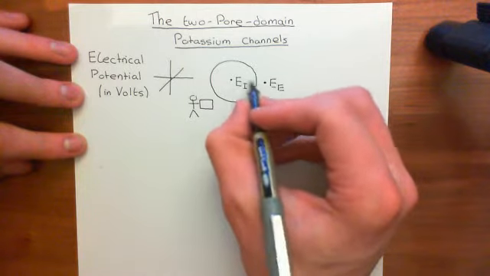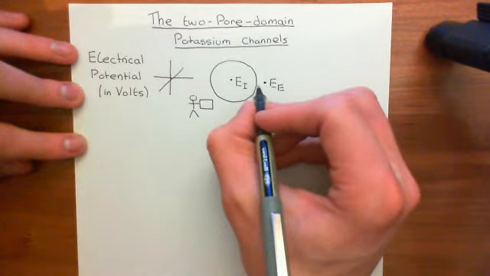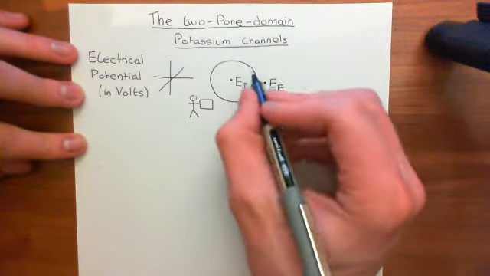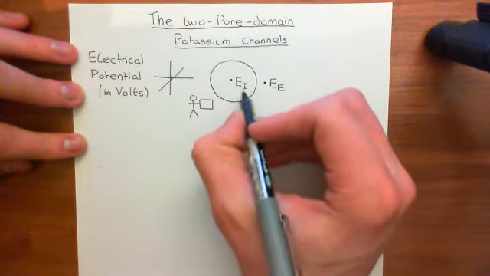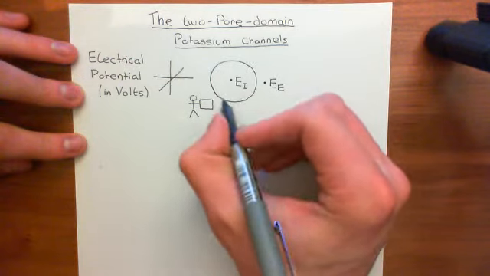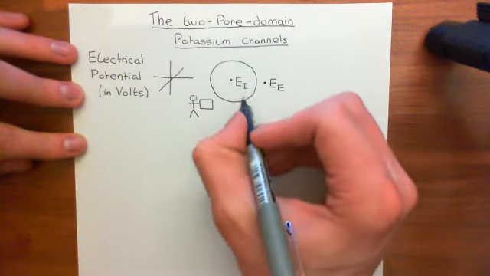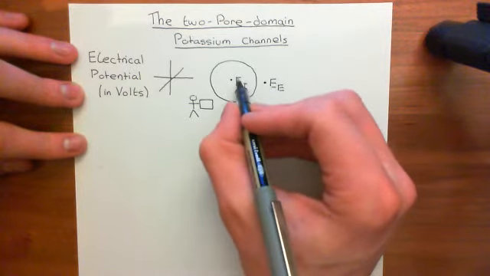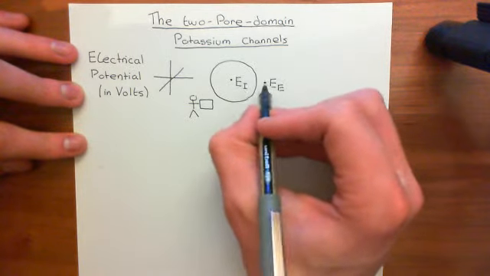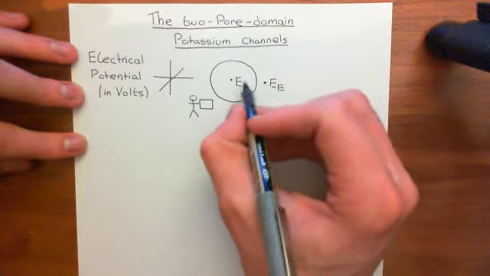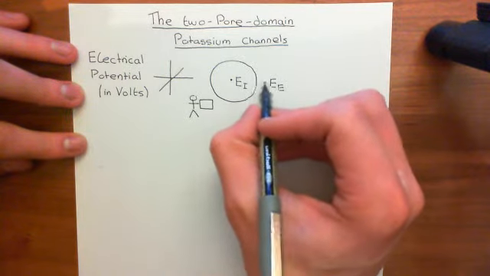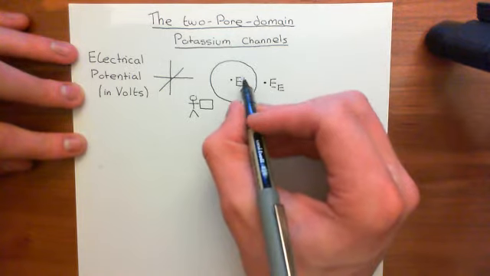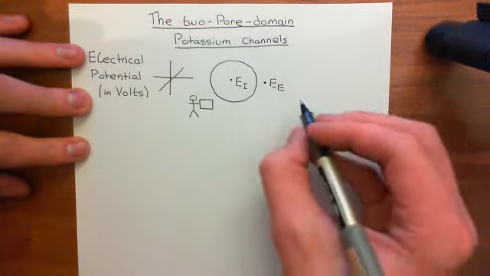Now, these two numbers are not necessarily the same. The membrane separates these two compartments, which means that they don't need to be in electrical equilibrium. So there is potentially an electrical potential difference across this cell membrane, which just means a difference in the electrical potentials of the extracellular fluid versus the intracellular fluid.